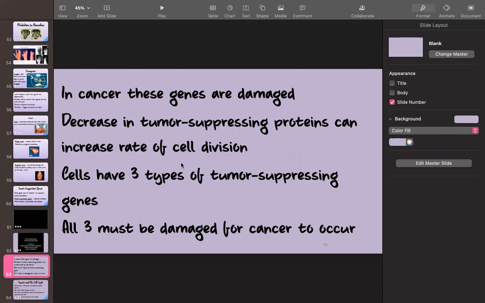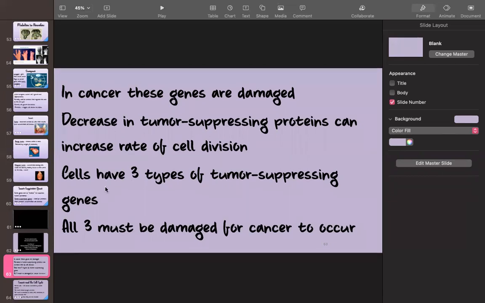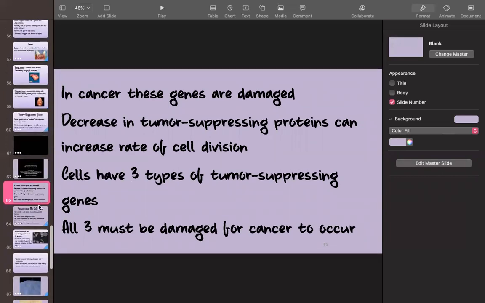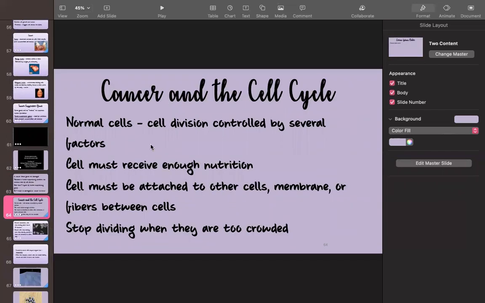So you have to have cells that are not dividing when they should be. They're just dividing uncontrollably. But that doesn't necessarily lead to cancer, because if your tumor suppressor genes are normal, then those proteins will keep the cancer cells in check. So there's a lot of circumstances that have to occur for cancer to happen.